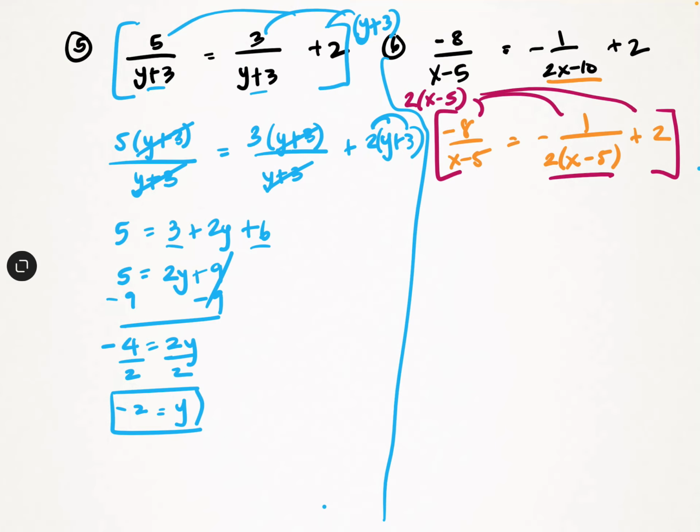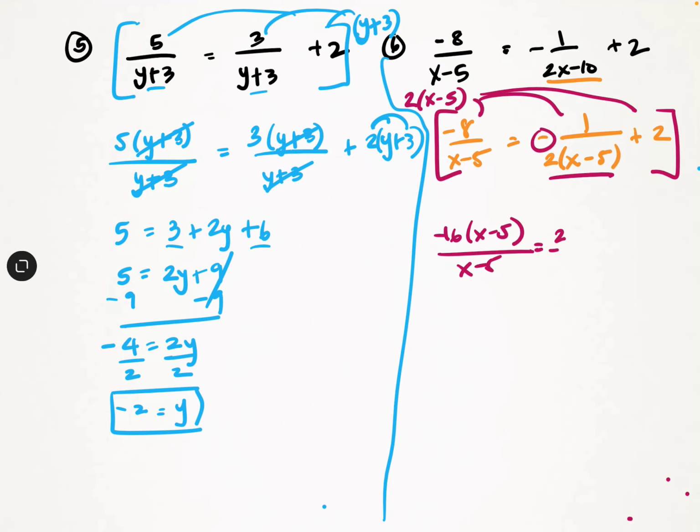It's like we've been doing. So we have, well, let's do the 2 times negative 8. So that's negative 16 times x minus 5 over x minus 5. Then we have negative 2, right?